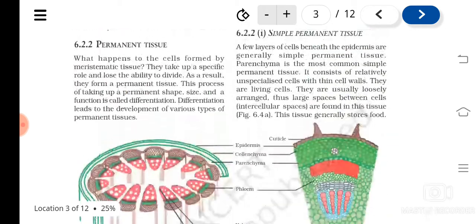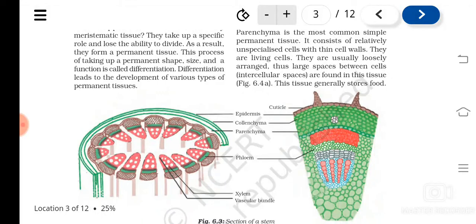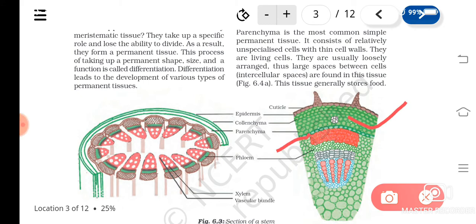Now, we learned also about the tissue systems, isn't it? If you see a plant like this, okay, if a stem, you will see it has a cuticle, epidermis, then you can see a cortex, which can have collenchyma and parenchyma. This part is the cortex. And then you can see the endodermis layer. Then you can see the pith here.